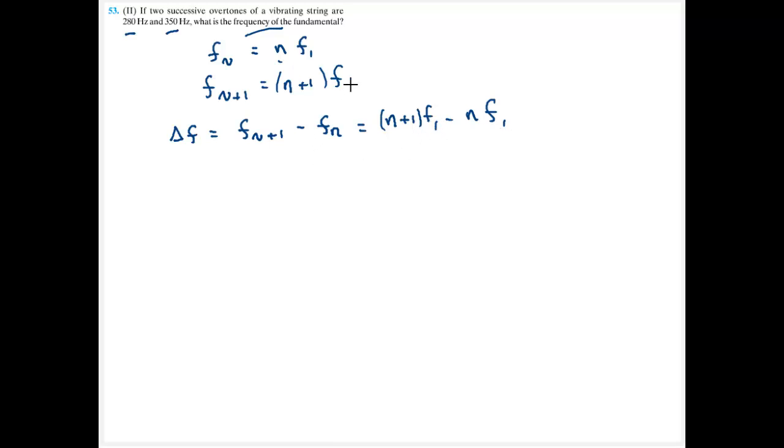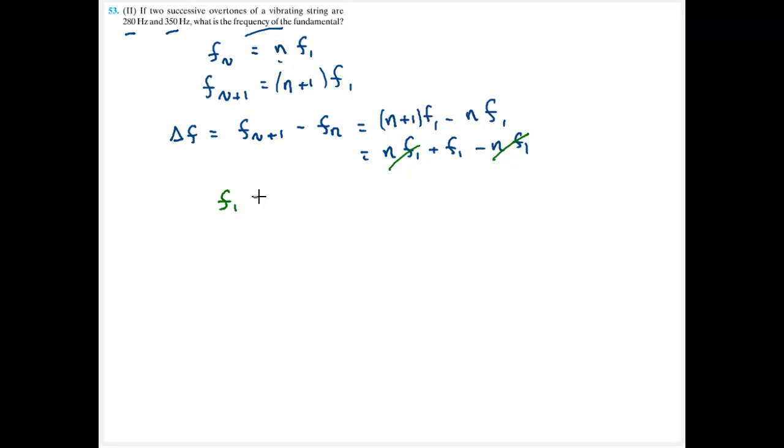Make sure I get all those fundamentals in there. That's n multiplied by the fundamental plus the fundamental frequency minus n multiplied by the fundamental. And this is going to cancel out that. So the frequency difference is going to be the fundamental frequency.